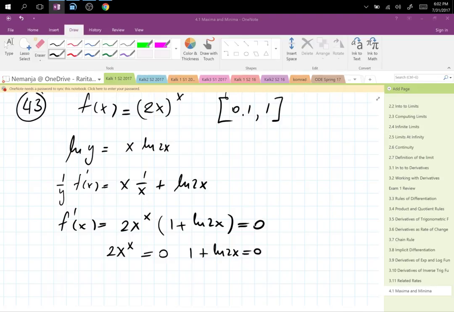So how do we solve this equation? Divide both sides by 2, right? And we have x to the x equals 0. Now what?